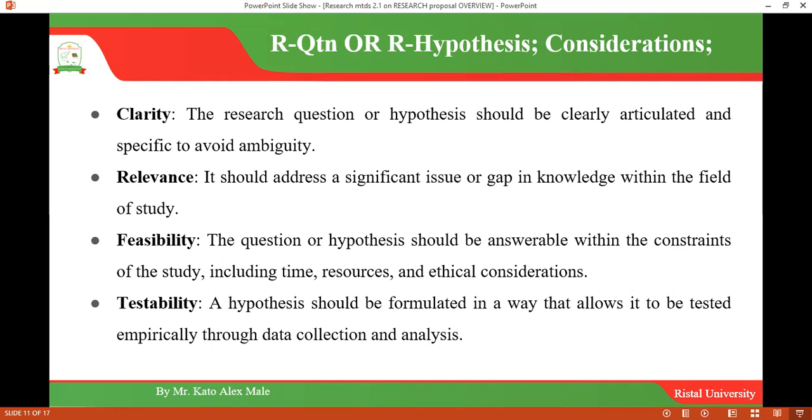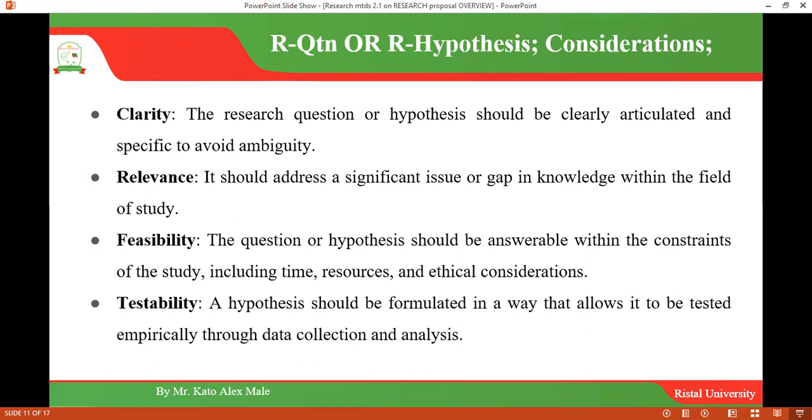So the question or hypothesis should be answerable within the constraints of the study, including time, resources, and ethical considerations. Remember, the study has its own constraints. There are cases, for example, during COVID-19, whereby movements were limited. So you cannot do a research which will need you to be moving household to household, yet movements are limited.